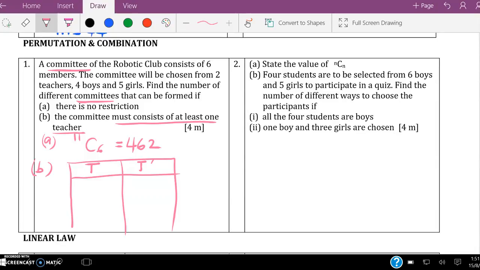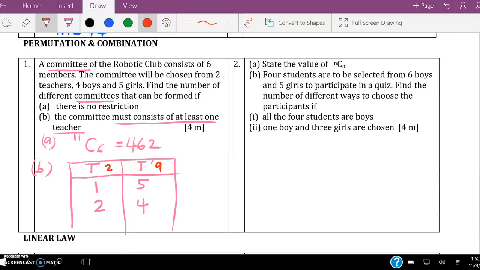For the first case, I need one teacher, so I need 5 non-teachers. I need 2 teachers, so I need 4 non-teachers. The availability of teachers here is 2. The availability of non-teachers is 9.